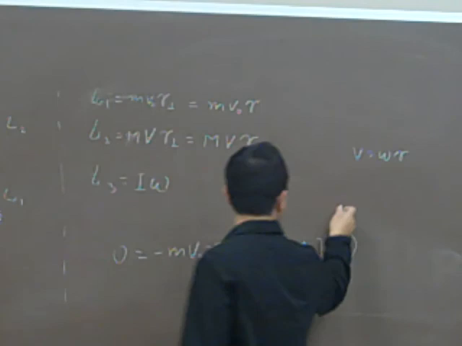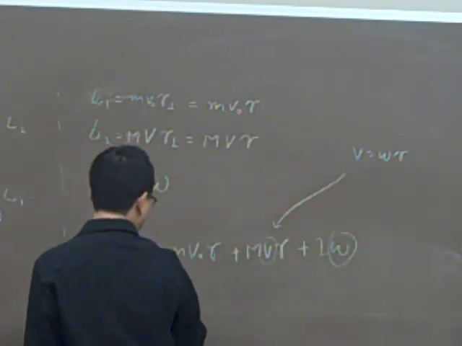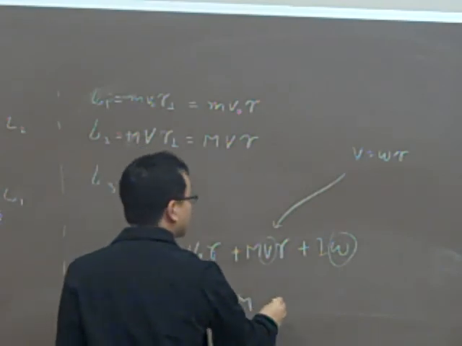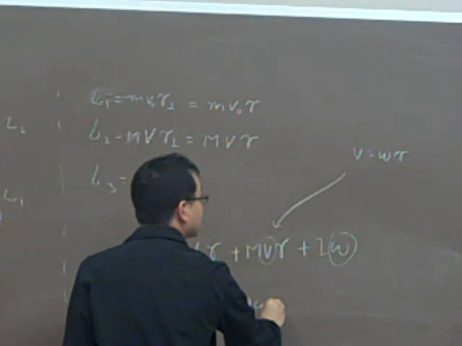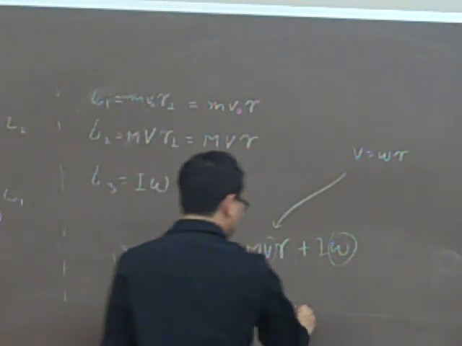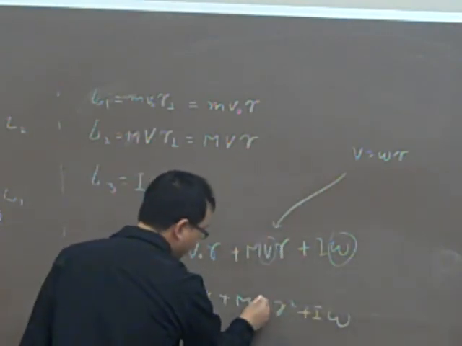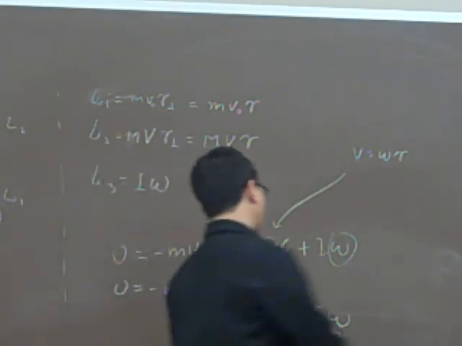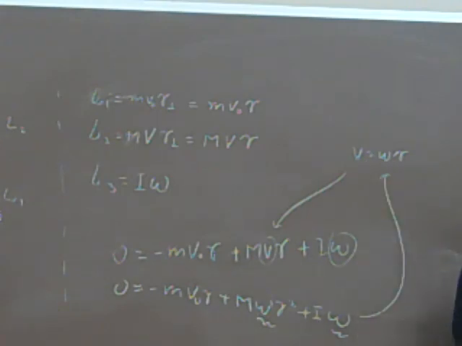So if you put it here, then you get one equation with one unknown quantity: capital M omega r squared, since you have one more r, plus I omega. So that's one equation for one unknown quantity, omega. You can solve it for omega. Once you have omega, put it in here, you get v. Any question? Okay, so that's the problem.